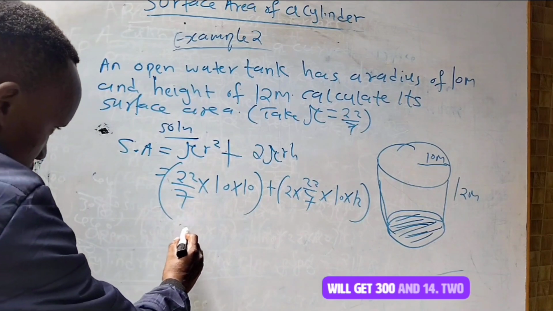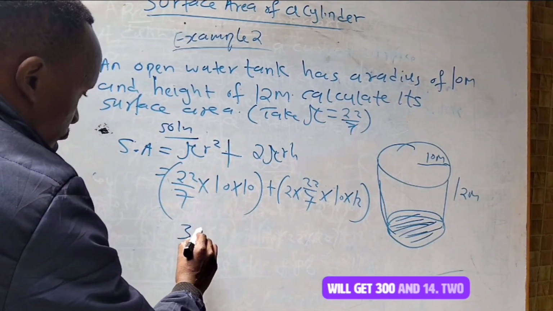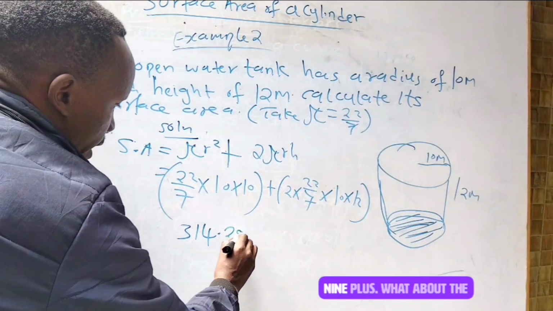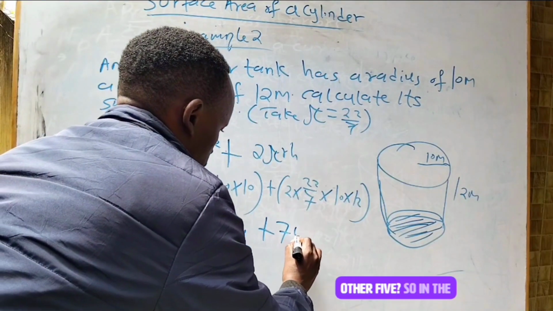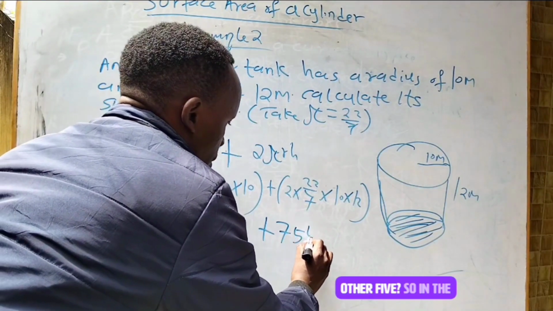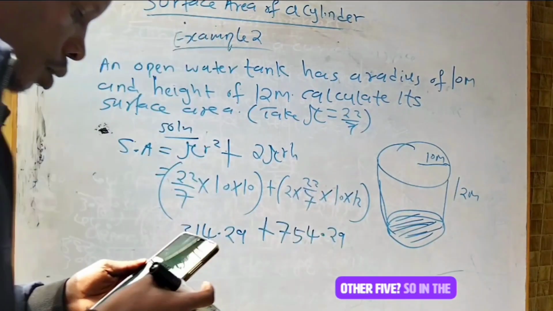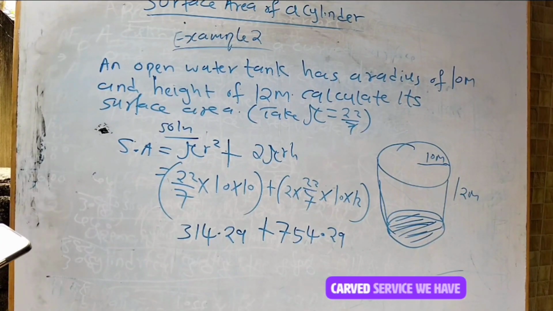Here we will get 314.29 plus, for the curved surface, 754.29.